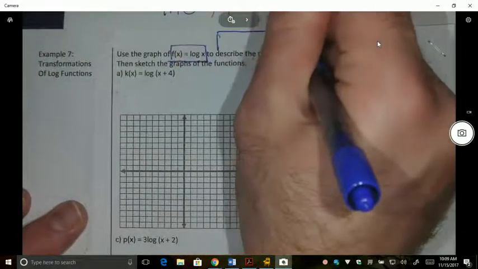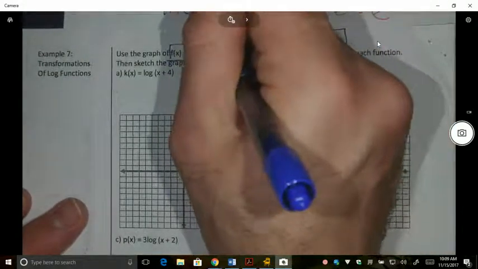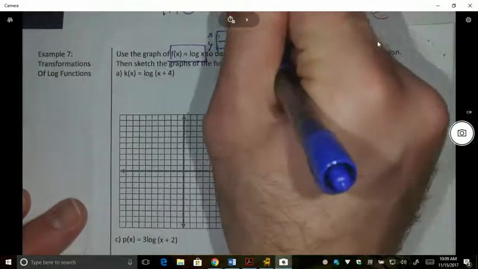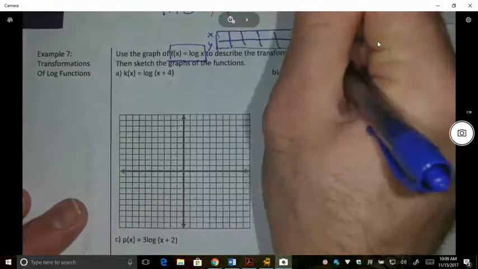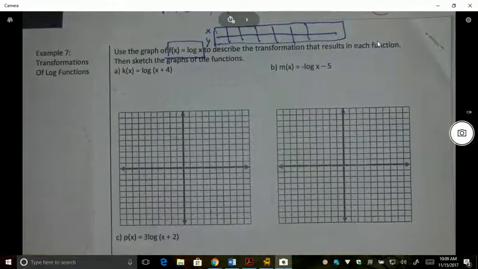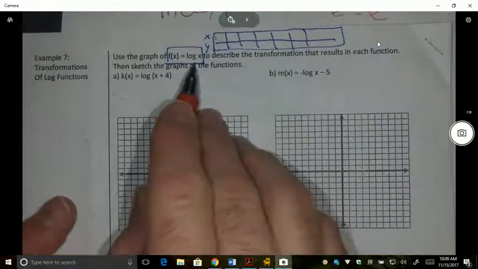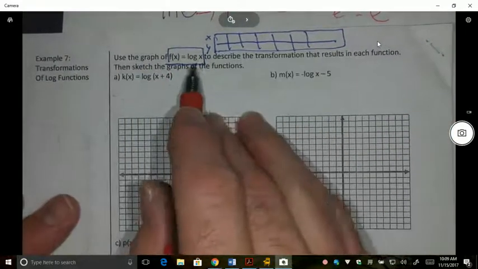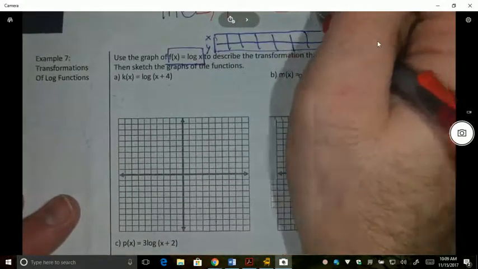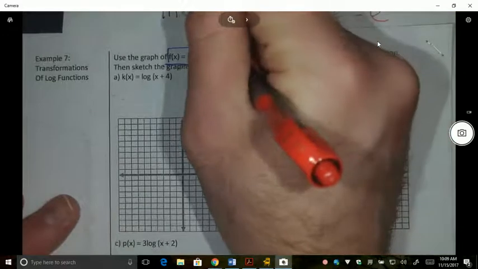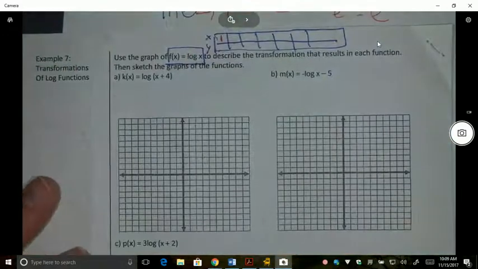So I'm going to do a table for this one, and I'm going to pick some values for x and y. So that's plenty. I'm not going to worry about more. Now, for log base 10, there are some that are really easy. If I want x to be 1, what does y have to be?